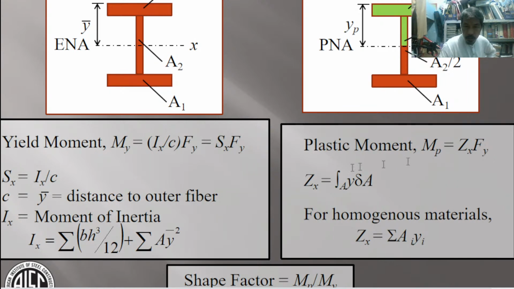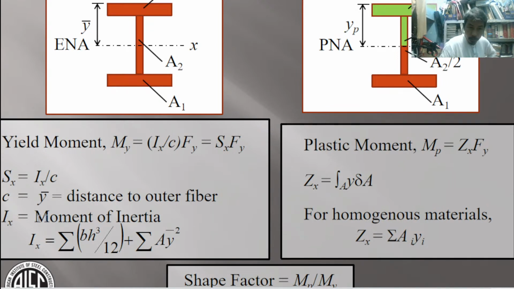The same is true with the section modulus here. Z is the plastic section modulus. This is S, the elastic section modulus. Notice C is the distance to the outermost fiber. Take note, for homogeneous material, Zx is just the summation of A multiplied by y.